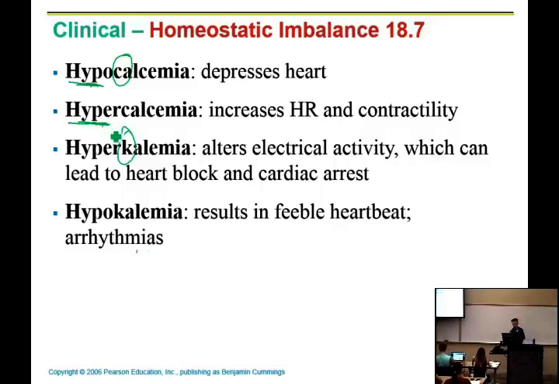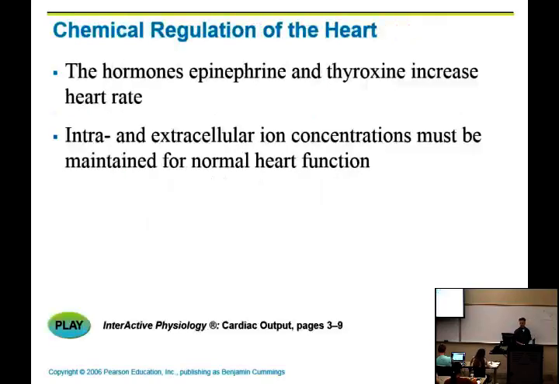If you have too much calcium, that makes it a bit spasmodic. It makes it contract more, stronger, etc. Potassium is the opposite, right? So if we look at hyperkalemia, too much, then basically we're leading to heart block. And if you have hypokalemia, then you have different types of arrhythmias, etc. So you don't have enough potassium to generate a full, strong heartbeat itself. Okay? So different types of chemicals will certainly affect the heart.